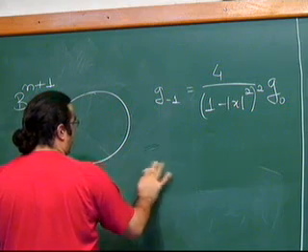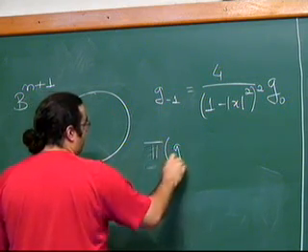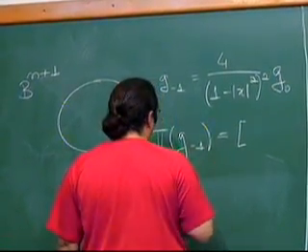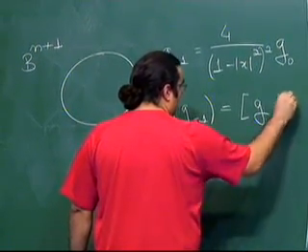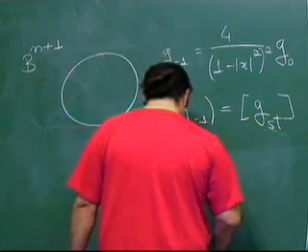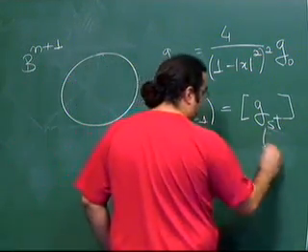Pi of this metric is just the conformal class of the standard round metric on the sphere.